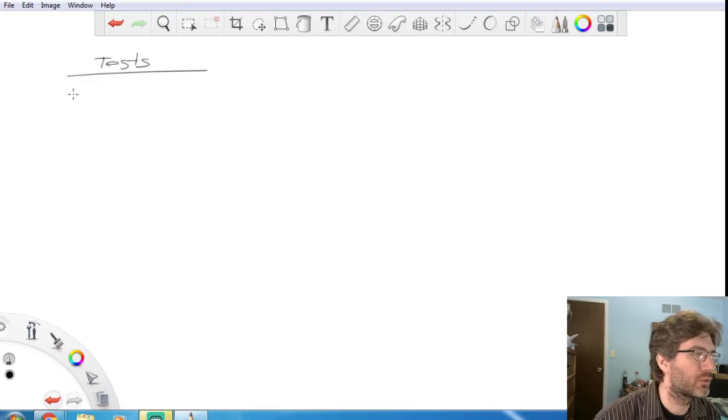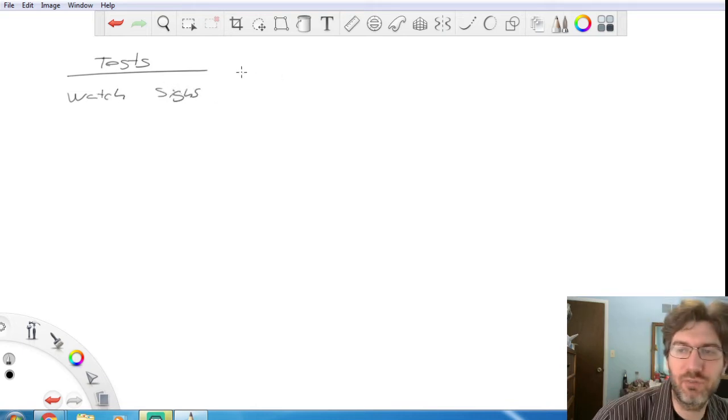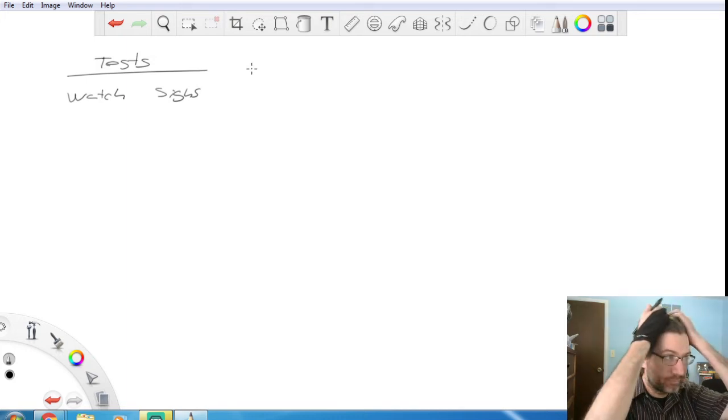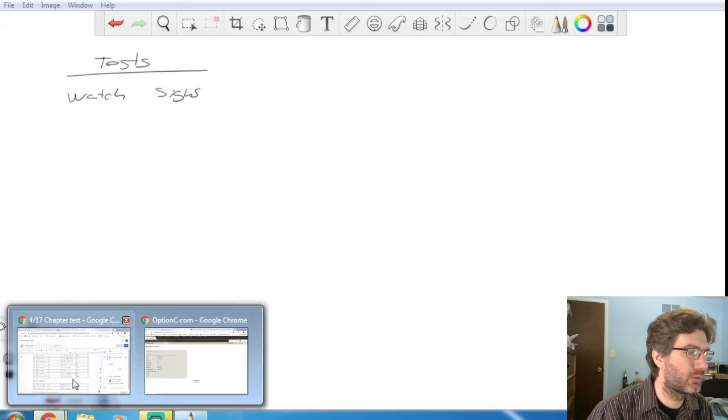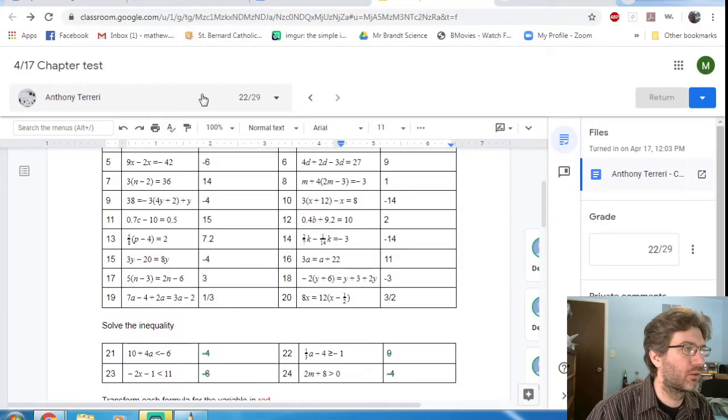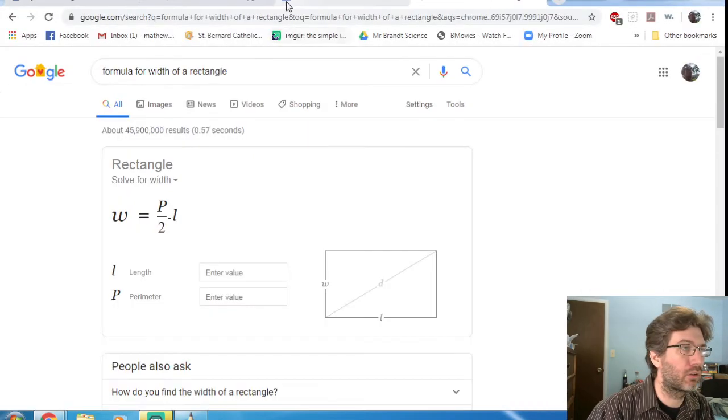First thing is watch your signs. There is a whole bunch of them that are wrong because of the wrong sign. So what was our test?